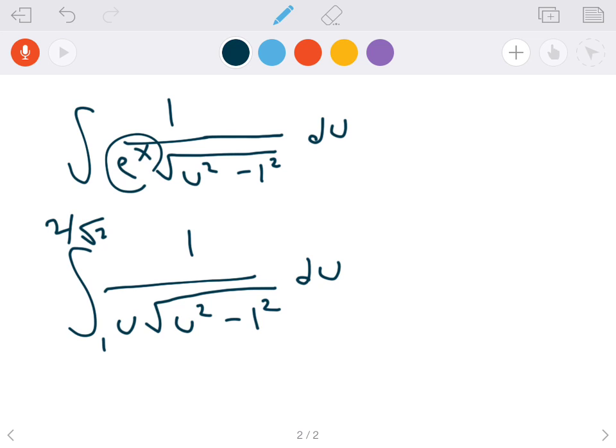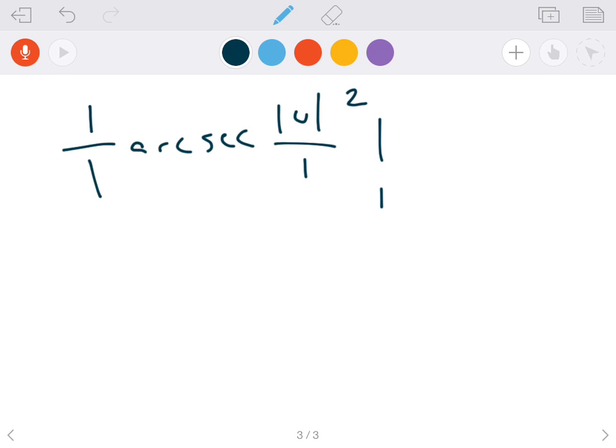Now I'm ready to apply the formula. Looking at my sheet, if I apply the formula, I've got 1 over a, which is 1, arcsecant of the absolute value of u over a was just 1, and I want to evaluate that from 1 to 2 over the square root of 2. Simplify that so it's not as gross to look at.